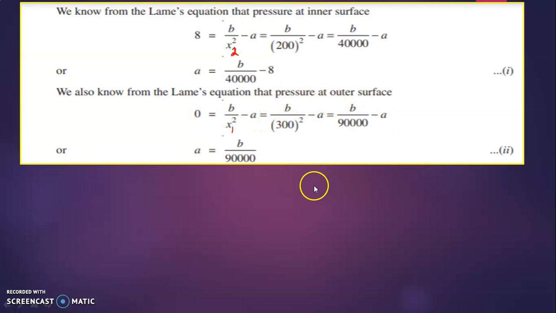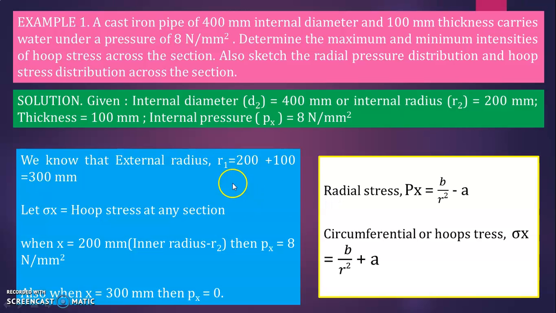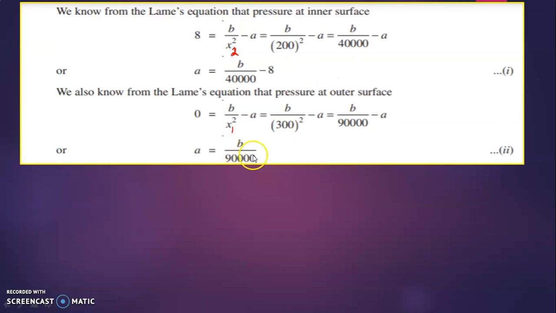At the outer surface, the pressure is equal to 0, as I have given in the note. So 0 is equal to B divided by R1 square, that is outer radius. Outer radius is 300, so substitute 300 square minus A.